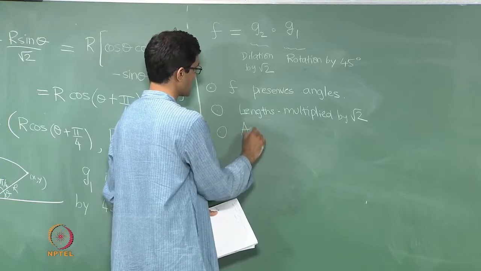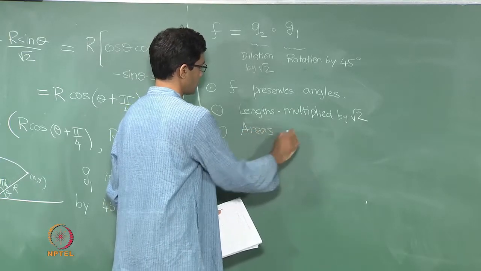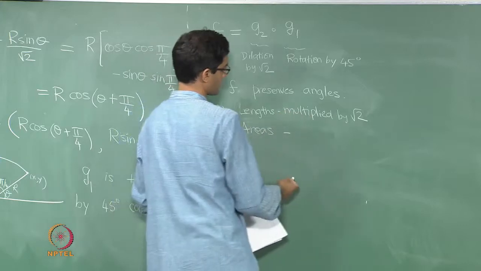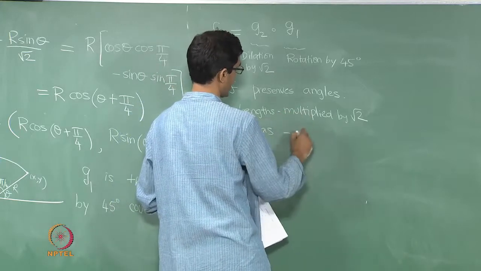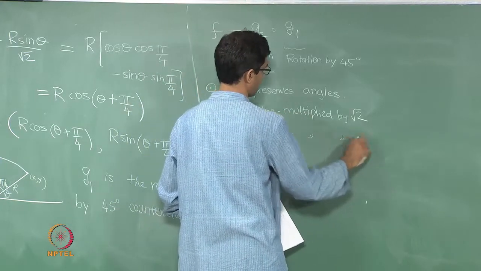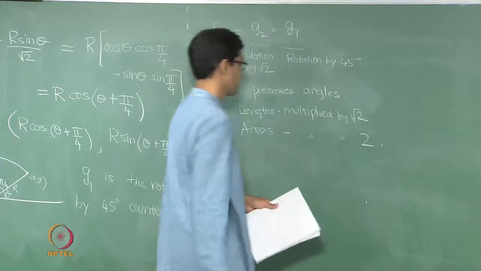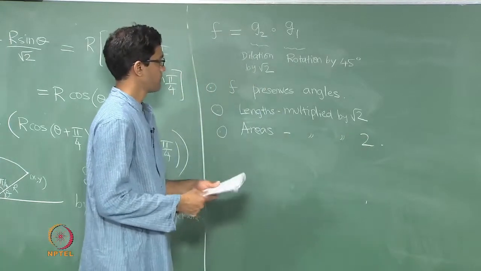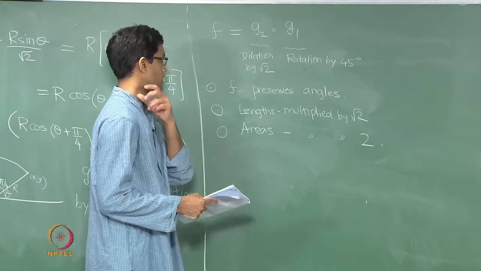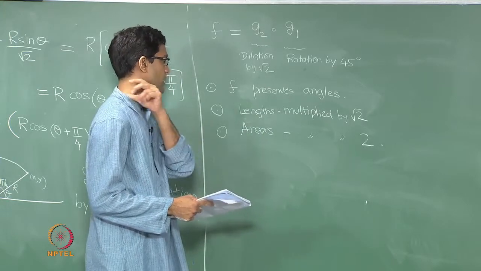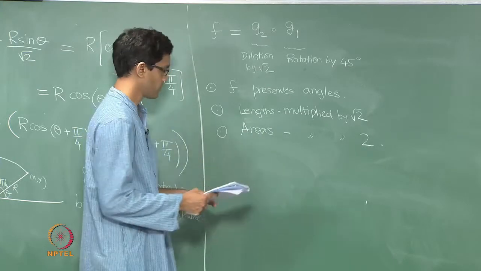And of course, areas. So, when lengths get multiplied by square root 2, you expect the areas to get multiplied by a factor of 2. Okay. So, that is what happens in this case, that the areas do get multiplied by a factor of 2.